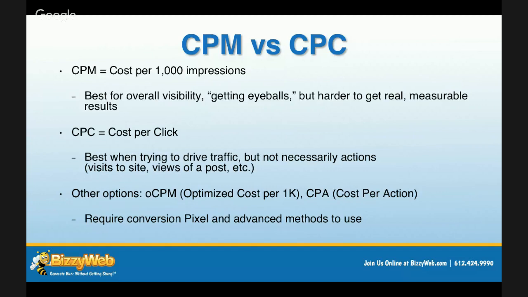Stepping up one more level, CPC is cost per click. And you may have heard of PPC advertising, or pay per click. Pay per click is great to drive traffic to websites or to opportunities, but again, not necessarily actions. What you're trying to do is encourage people to click, and you only pay for the clicks that people do.